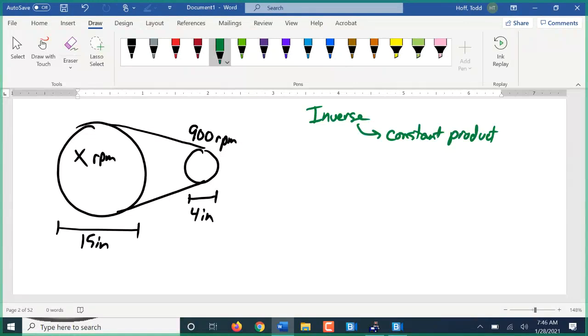So we look at this, we have our RPM times, it's not number of teeth anymore, it's just another way of describing the size, the diameter. Remember, the teeth in a gear is just a way to describe the size of the gear.